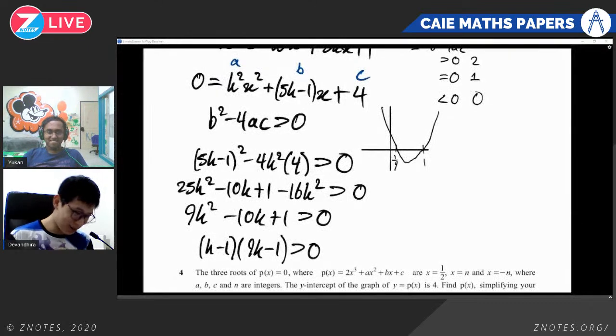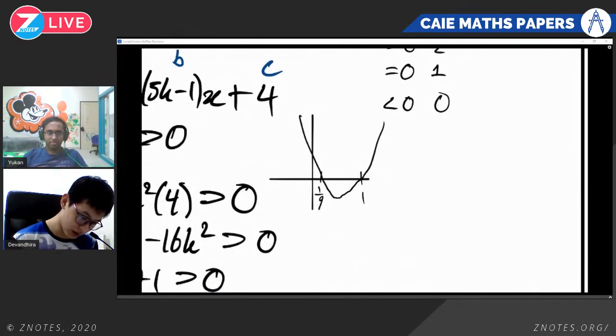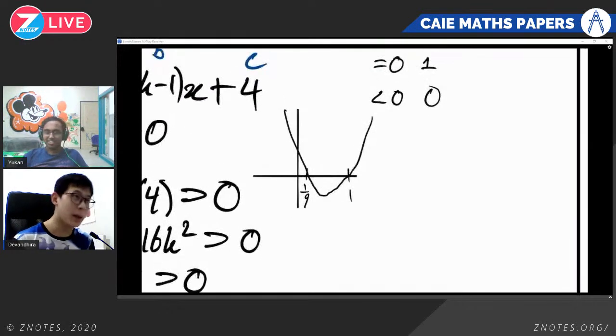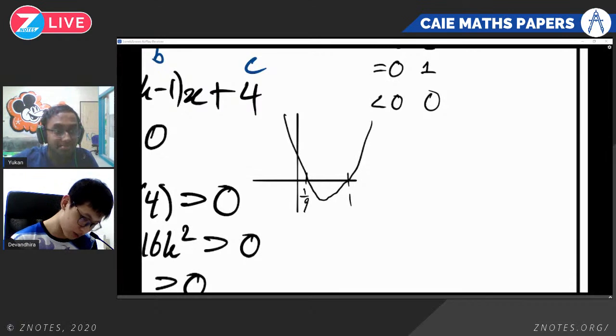So here the point is, when is this function greater than 0 from the graph? As you can see here, we want to find where the line is greater than 0, which means positive.